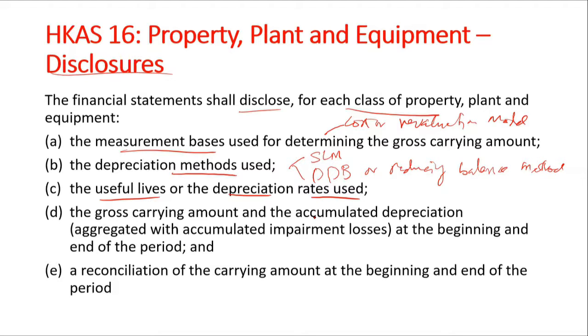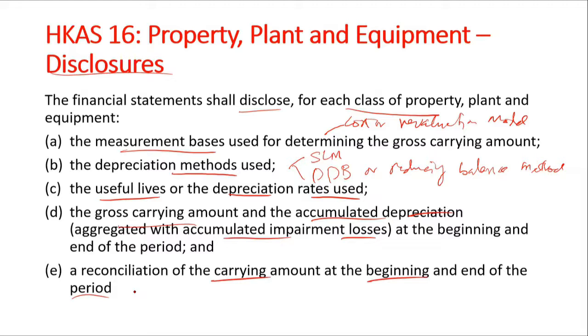Then, as an entity, you may also disclose the gross carrying amount and the accumulated depreciation aggregated with accumulated impairment losses. Because if you look at the balance sheet or statement of financial position in the annual reports, they just give you numbers, but there will be notes as well. And those notes are basically disclosures. And then as an entity, you may also provide the reconciliation of carrying amount at the beginning and the end of the period.